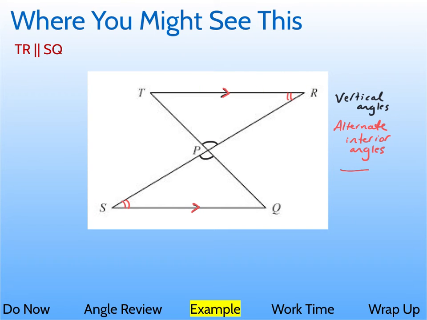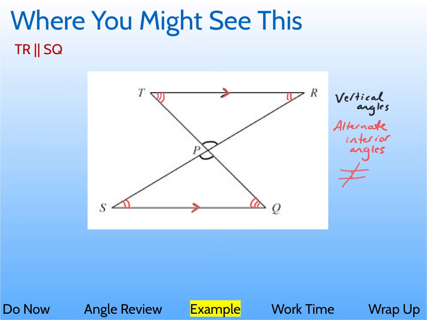So basically it looks exactly like this if you extend the lines, and then we have this angle and this angle. The other set of angles that are also alternate interior angles: if you look at TQ as the transversal, then angle T is congruent to angle Q. So we already have that all three of these angles are congruent to each other, which makes these two triangles similar to each other.